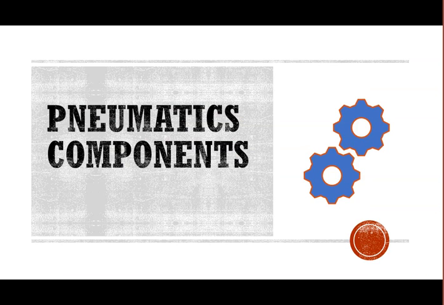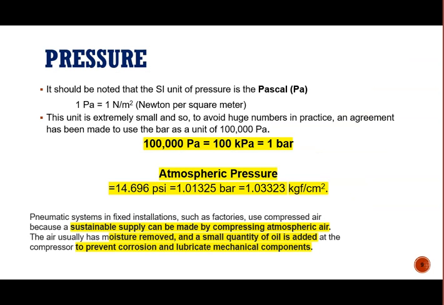Alright, let's go to the pneumatic component. So usually they are using normal atmospheric air, okay, as an intake air, but you need to remove the moisture, okay, and a small quantity of oil is added to the compressor.